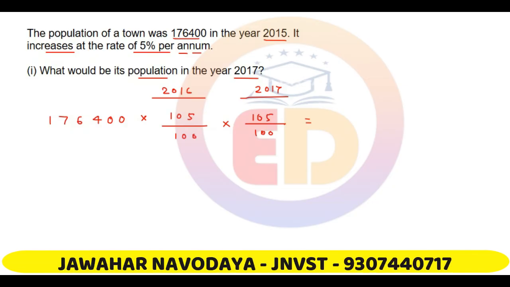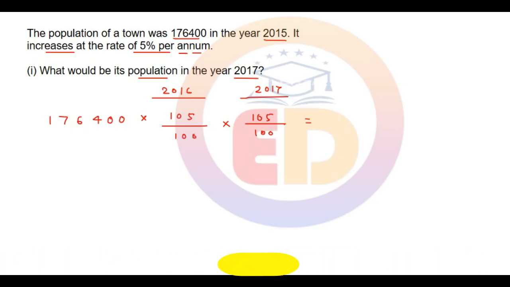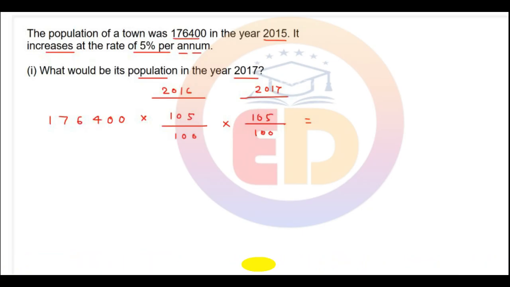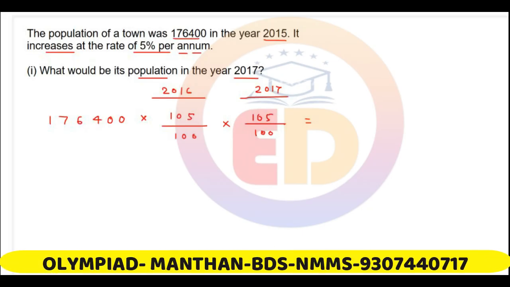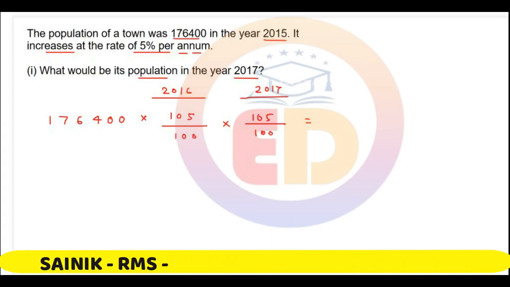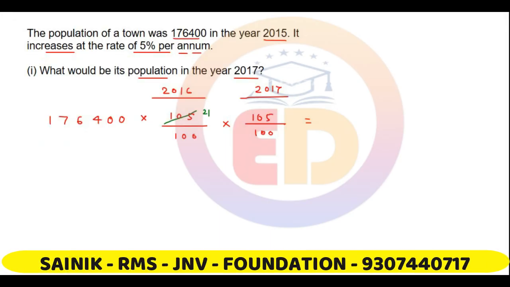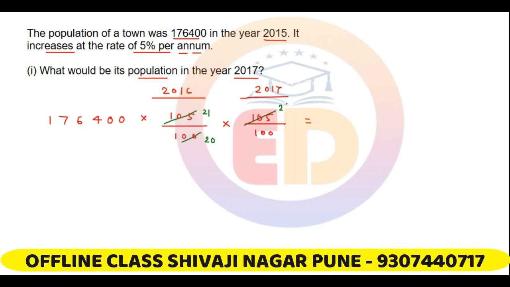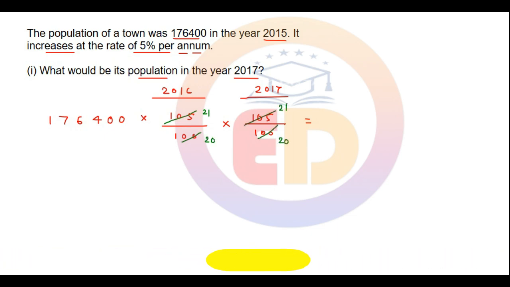Let us solve this further. Let us simplify 105 upon 100 by 5. It becomes 21 upon 20, 21 upon 20.